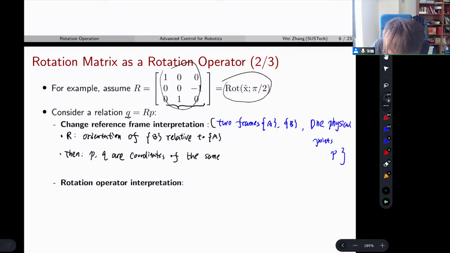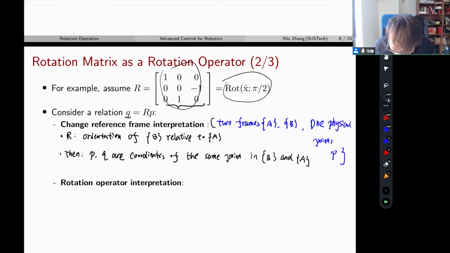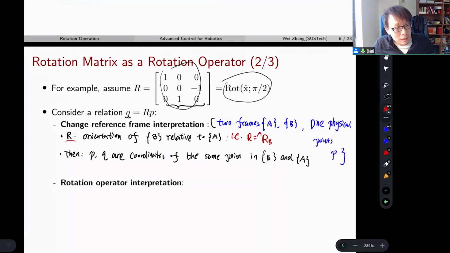This is very important: there are not two points, it's just the same point, one point, in B and A. More explicitly, R here can be written as R_B in A, the orientation of B in A. That's my notation from before.